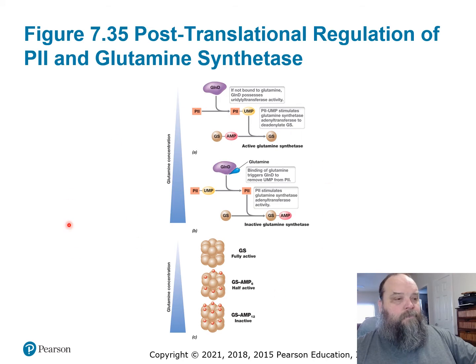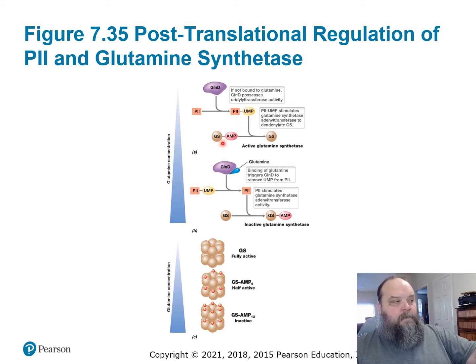Look here at figure 7.35 from the textbook. At low concentration levels of glutamine, GLND is not bound, because there's too little glutamine in the cell cytoplasm. So it's going to take P2 and add UMP, uridyl monophosphate, to it.